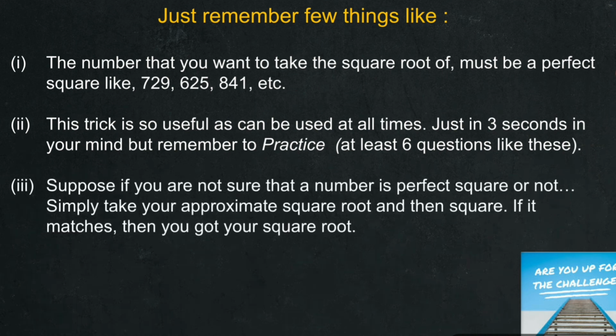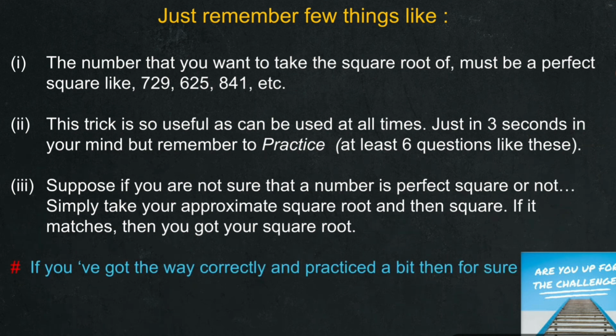And also, if you are stuck and do not know whether it is a perfect square or not, then estimate your square root and multiply it by itself. If the number matches, then you have the square root. Sometimes it works like that also.